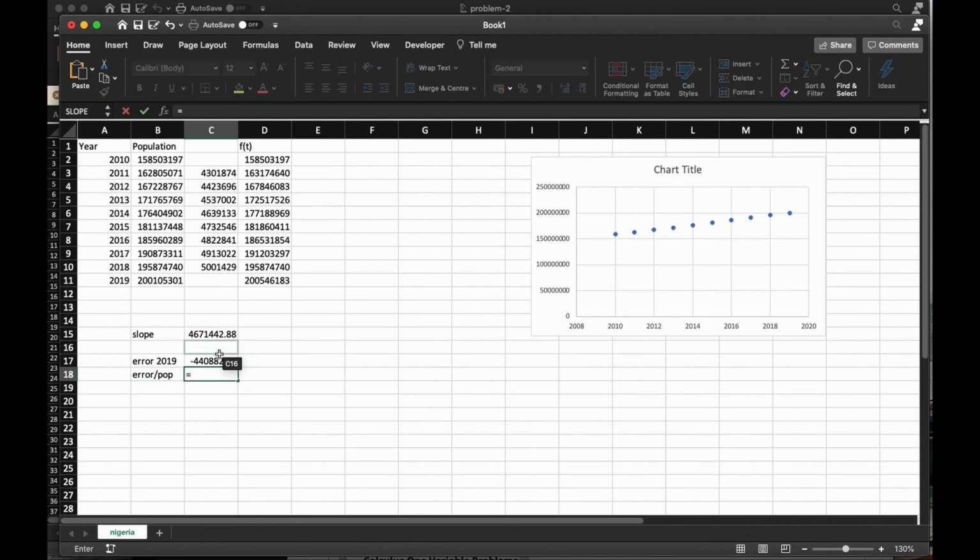It's very small, 0.2%. So our model is good. Let's extend our model to 2020. There it goes. The population of Nigeria in 2020 will be 205,217,626.